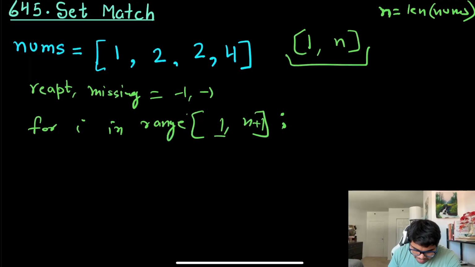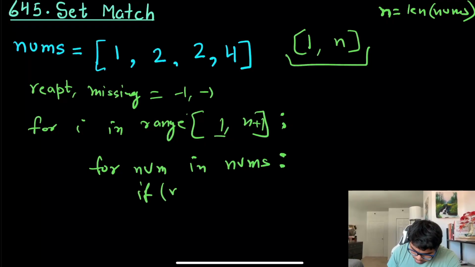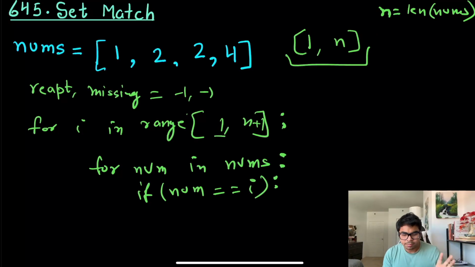Then I will go through all my numbers in nums and check if this num is equal to i. That means I'm seeing this number.